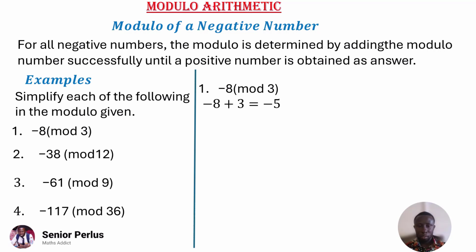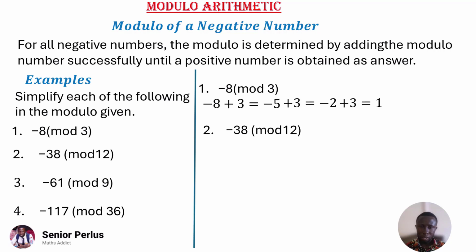So negative 5 plus 3 is negative 2, so we still have a negative number. I add 3 again, then it's 1, and 1 is less than 3. Therefore, our answer is 1. Next, negative 38 mod 12.